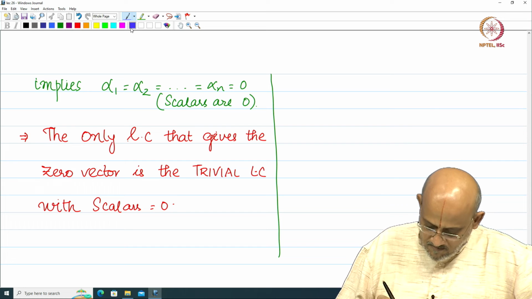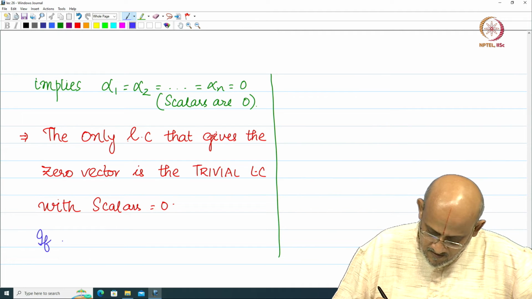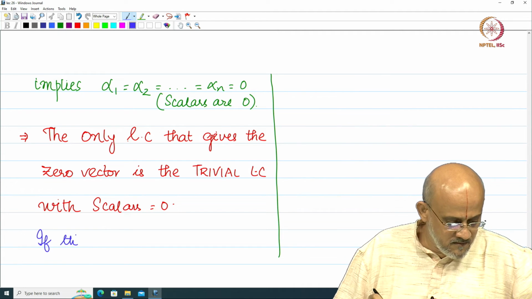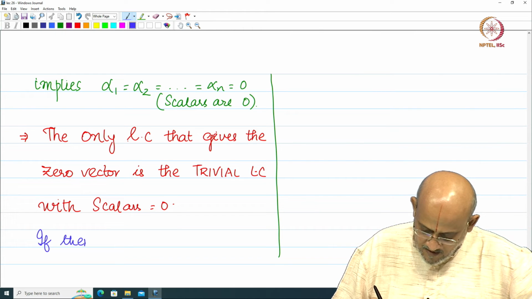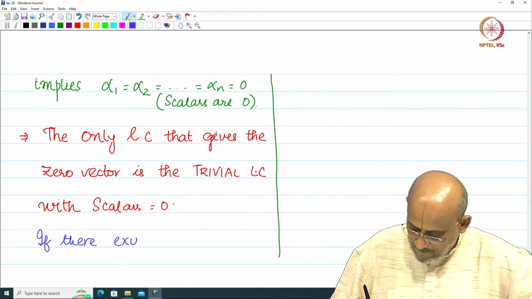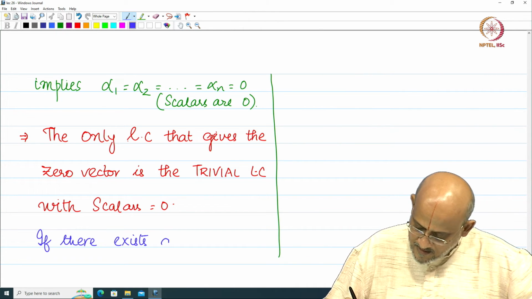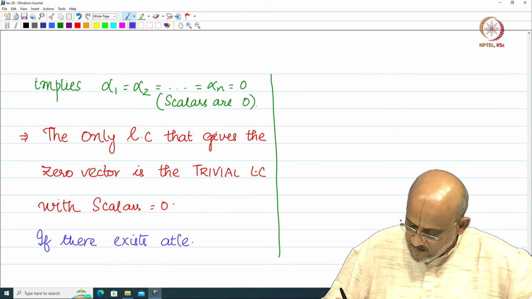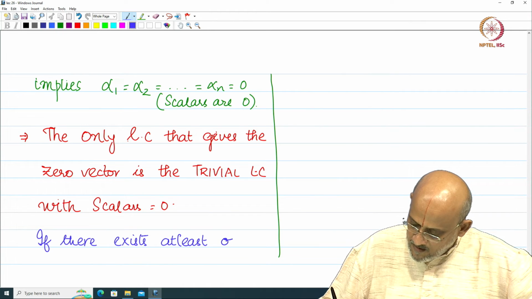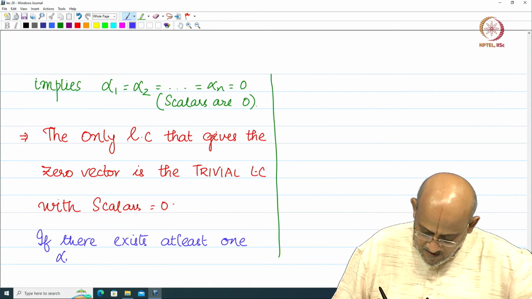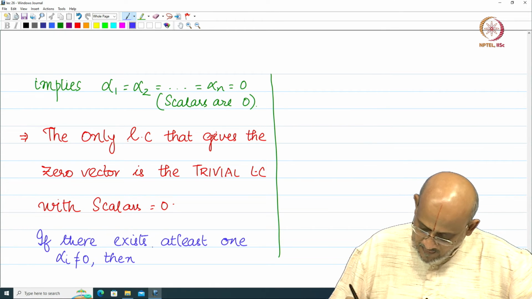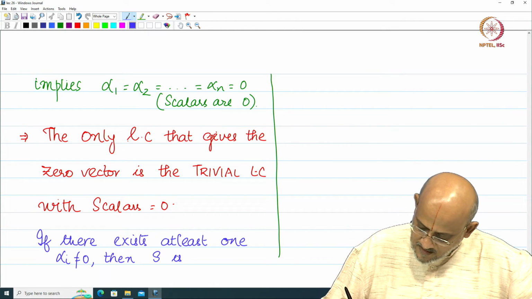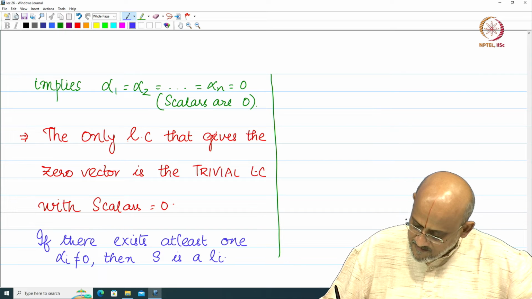In case there exists at least one non-zero scalar, one alpha i not equal to 0, then the set S is a linearly dependent set.